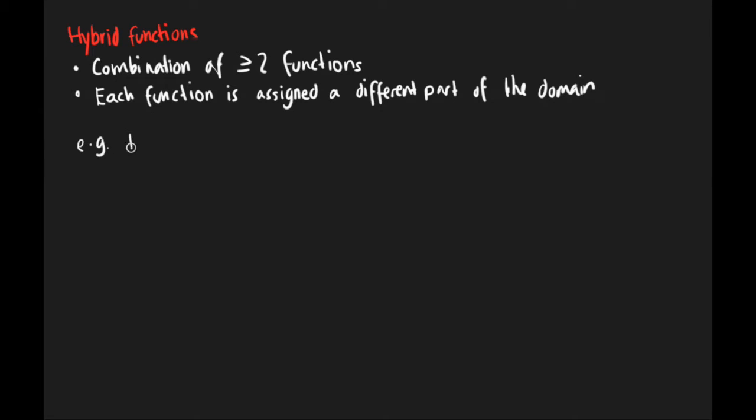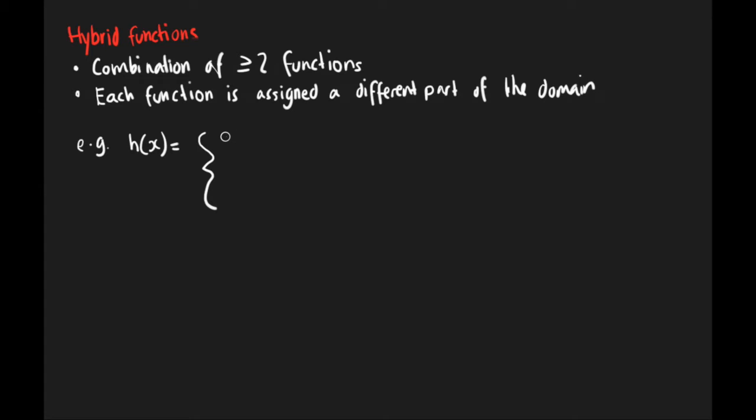Let's say we'll call it h of x for hybrid, but you can call it whatever you want. The notation for when you're making a hybrid function is this massive curly brace like you have here. Within this curly brace, you write all the functions that you're combining, as well as the domain that you're assigning to them.